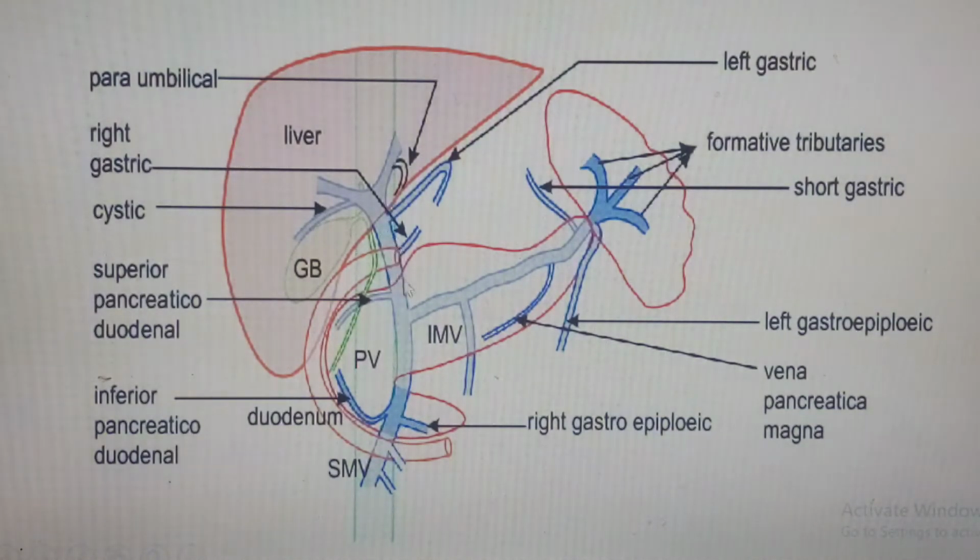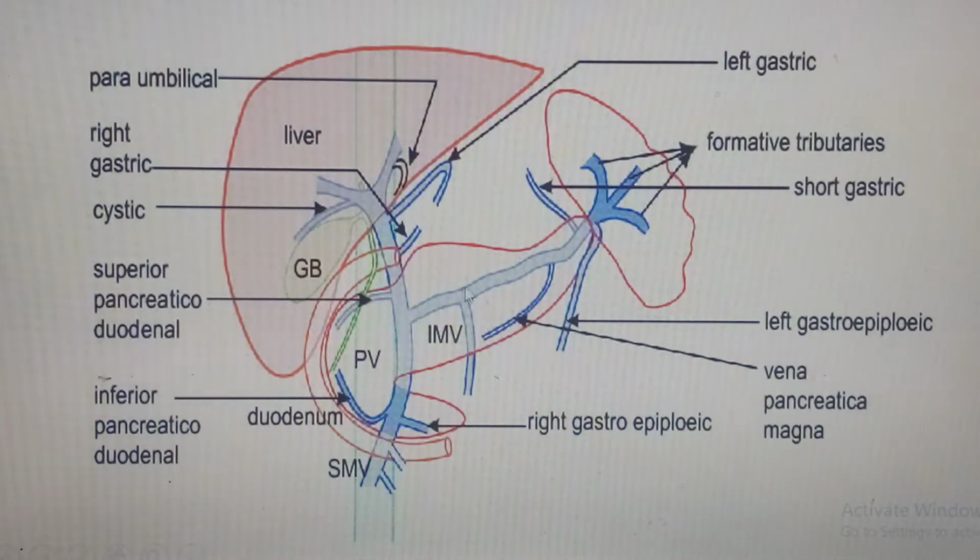The hepatic portal vein is formed by the confluence of two main vessels, the superior mesenteric vein and the inferior mesenteric vein, which are the main tributaries of the portal vein.